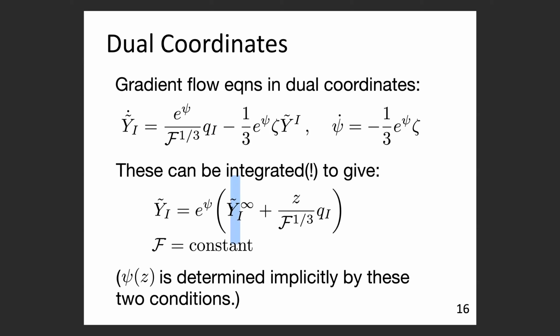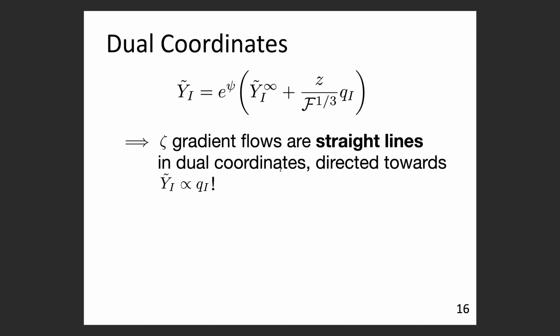In other words, I start at some point in the moduli space, and as z becomes big, when I get close to the horizon, then I get close to the dual coordinate being parallel to the charge. This is just some linear interpolation. So what that means is that gradient flows are in fact straight lines in these dual coordinates.